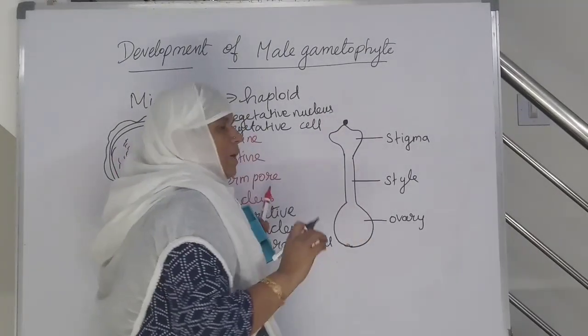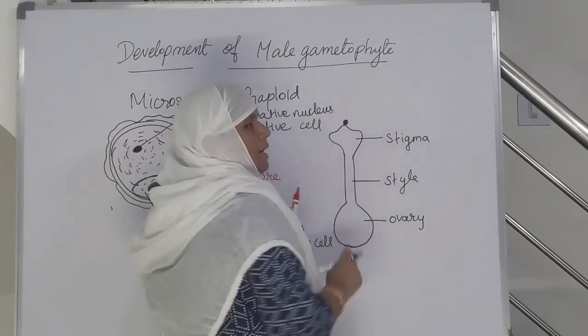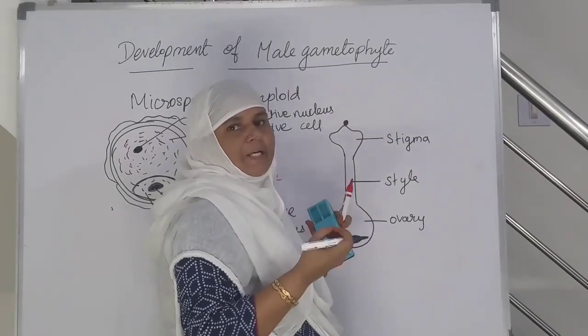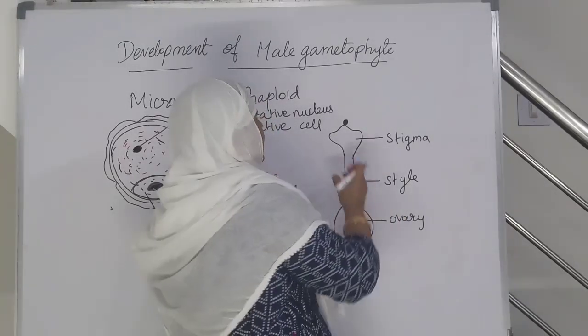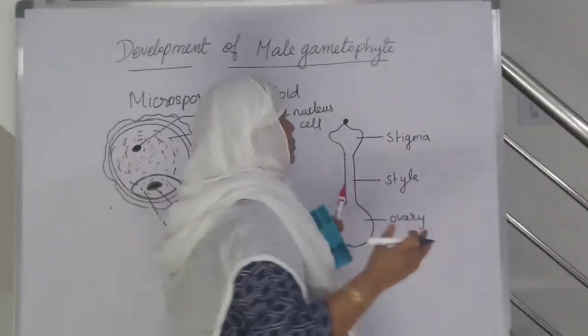In some plants, when it is attached to the stigma, the stigma supplies a sugary substance to the pollen grain, so that the pollen grain swells.